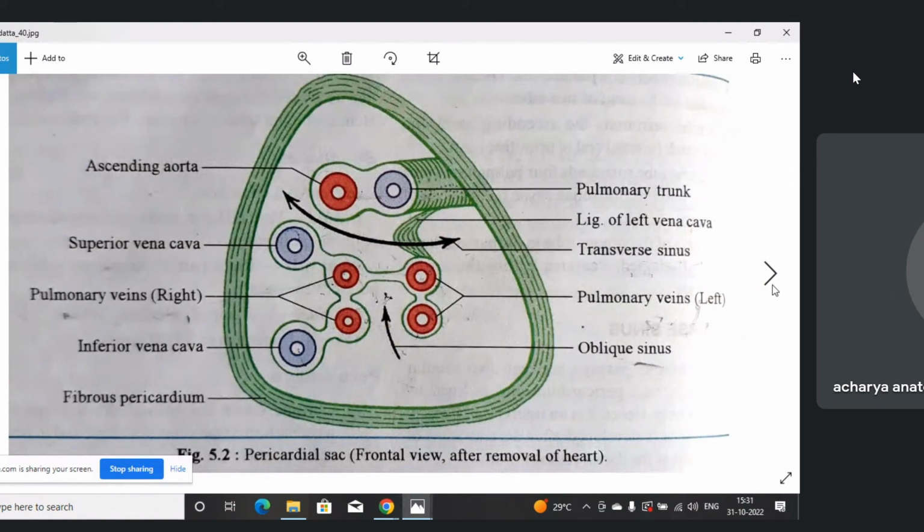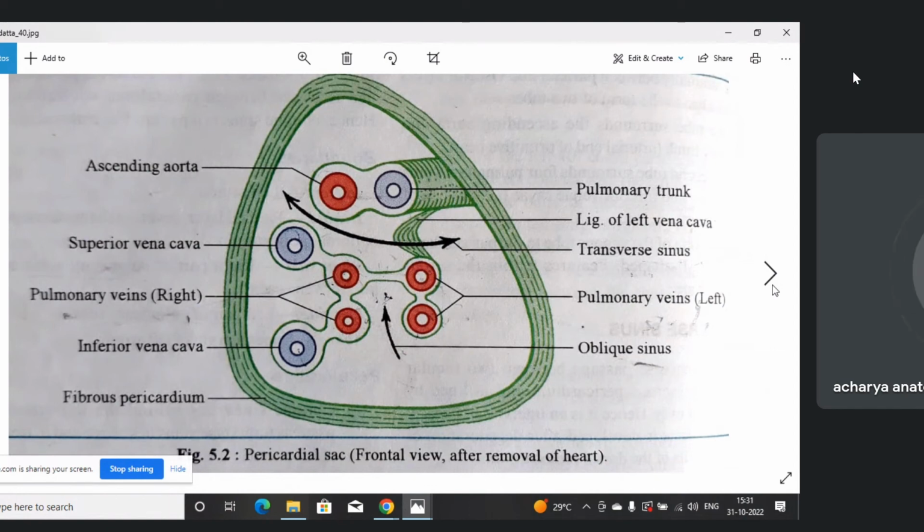Below it is open, on either side, pulmonary veins. Tap here and you get the pulmonary veins. Tap above and you get the parietal layer. Tap in front and you get the posterior aspect of the left atrium. Tap the back side and you get the parietal layer and fibrous pericardium. So these are the oblique sinus boundaries.